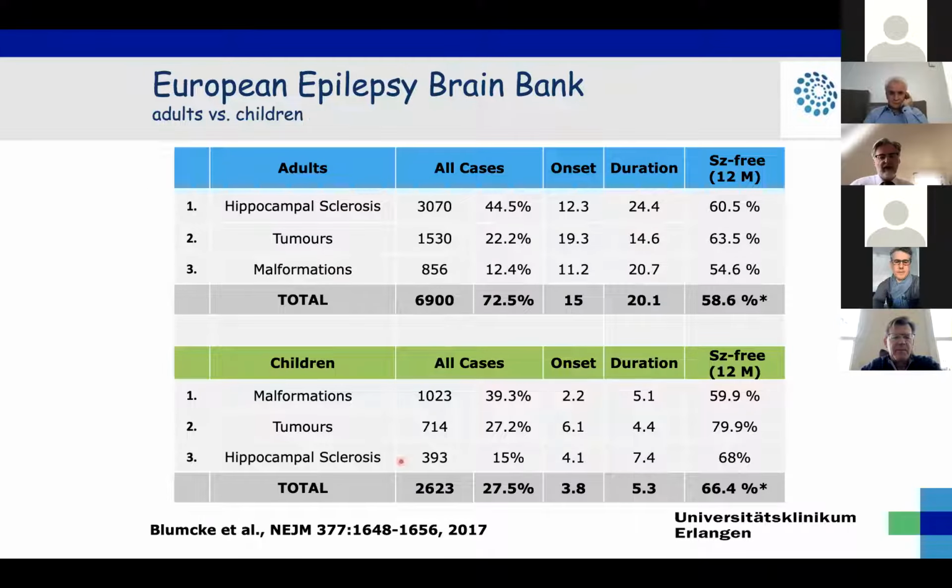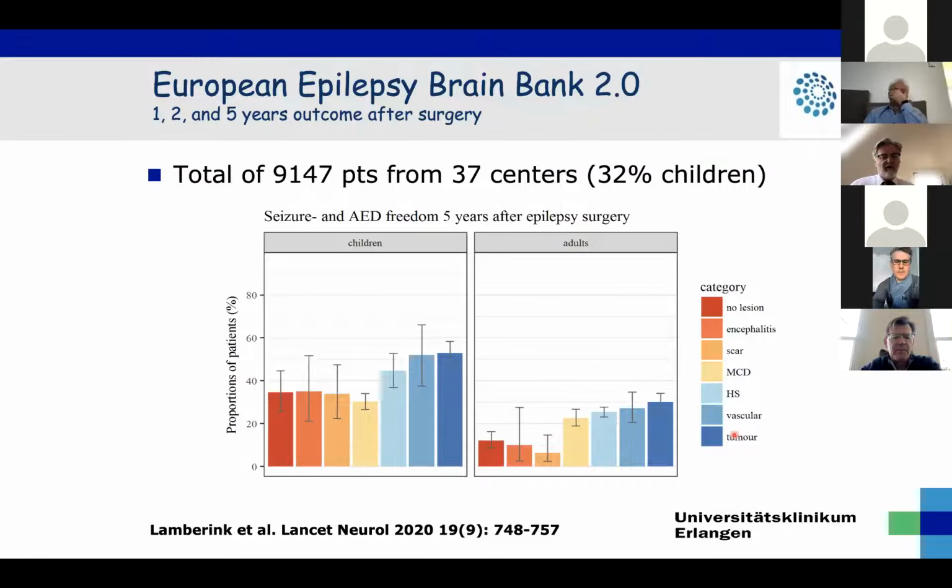So this still is from our New England Journal paper, but the outcome was not really a focus then. So we asked the same group of surgical centers to submit again, and then focus on the outcomes. We collected surgical outcome at 1, 2, and 5 years after surgery, and also asked whether patients were not only seizure-free but also drug-free.